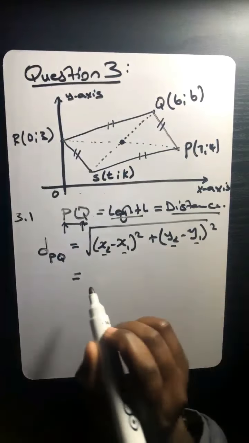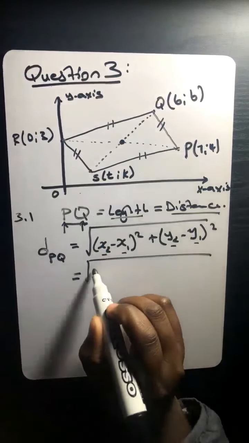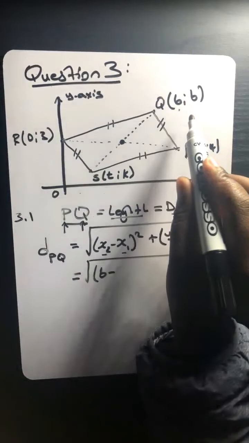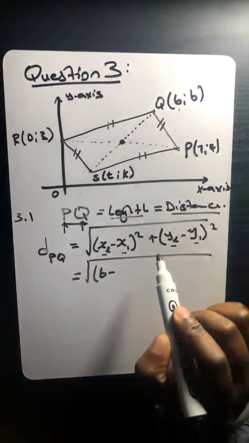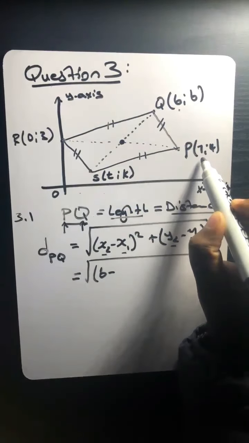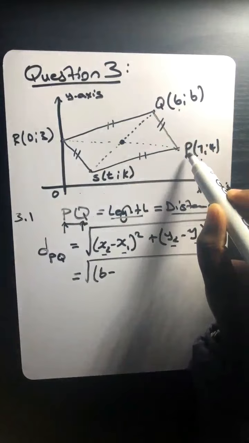So guys, let's now substitute. So what does it mean? It means our x2 is going to be 6. So let's substitute 6 there. What about our x1? Is it not that one? I think it's that one because we are focusing on PQ.